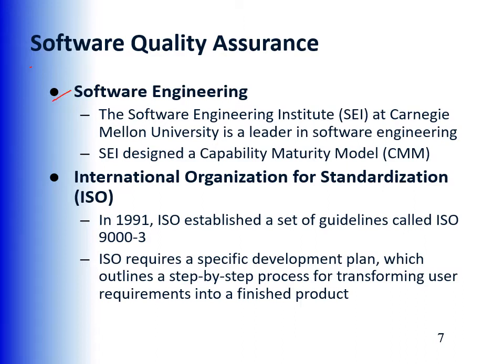Software engineering is a software development process that stresses solid design, accurate documentation, and careful testing. It is basically used to manage and improve the quality of the finished system. The Software Engineering Institute at Carnegie Mellon University is a leader in software engineering that provides quality standards and suggested procedures for software developers and system analysts.